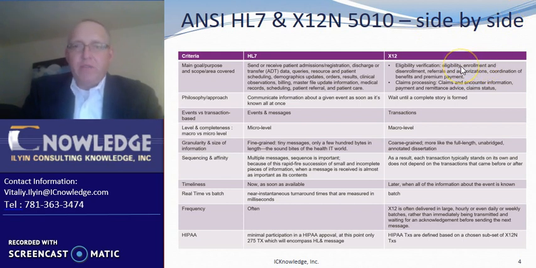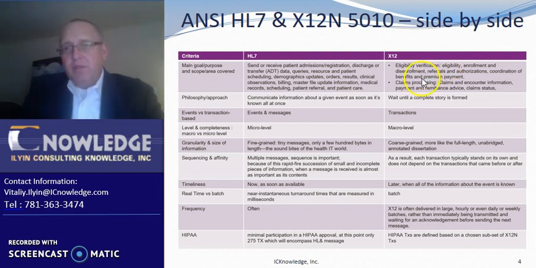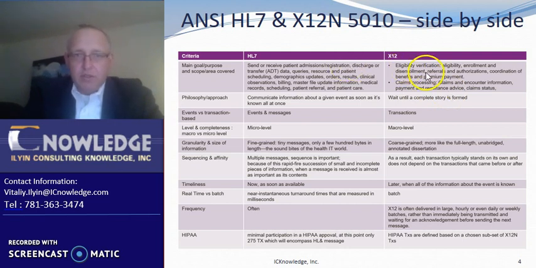That's fairly accurate. So it covers eligibility verification, eligibility enrollment, disenrollment, referrals, authorizations, coordination of benefits, premium payments, and then claim processing: claim and encounter information, payments, remittance, and status. Okay, so this is what's covered by HL7 and X12.